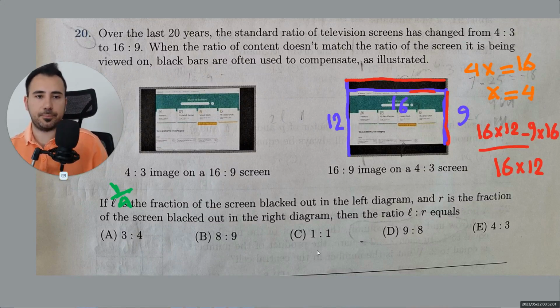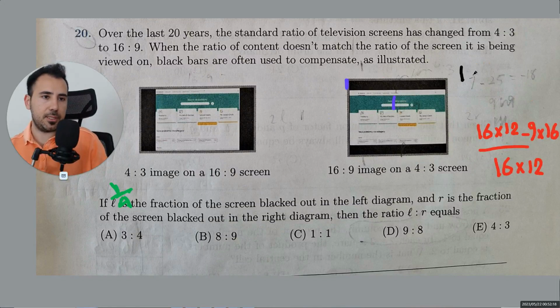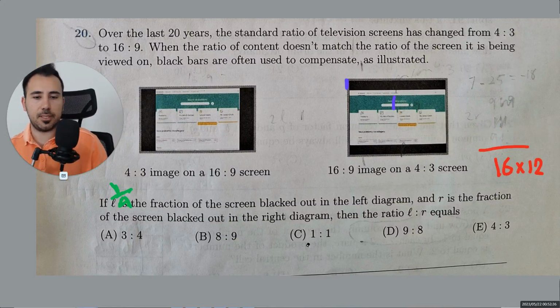You can see it. Okay, now let's go and simplify this. That's going to be the ratio of the black bars. Okay, 16s are the same, so let's factorize it. Take it out. So it's going to be 16 times 12 minus 9, right? We're just talking about the numerator here. So it will be 3. So instead of all of this, I'm going to write 3 times 16.